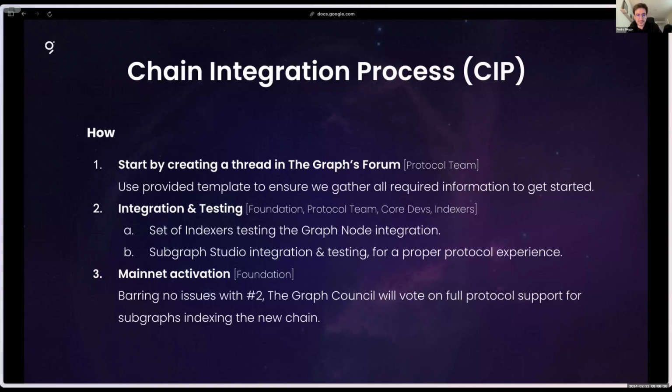Assuming the Graph Node integration exists, we then work with indexers from InfraDAO. They act as the QA team, and they are the set of indexers who do performance and reliability tests on the whole stack. So we test different clients, our underlying blockchain nodes, if applicable, of course. Not all chains have client diversity.